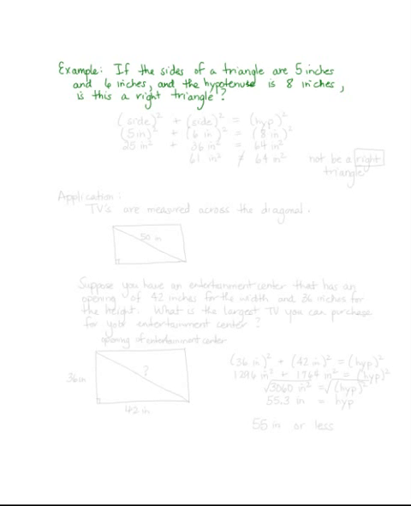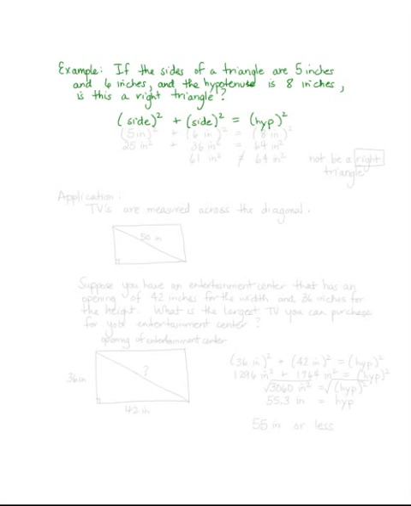Now, recall that the Pythagorean theorem only works for right triangles. So if we can substitute the numbers 5, 6, and 8 into the Pythagorean theorem and it holds true, then we could say, yes, this is a right triangle. If our equation comes out to be false, then we would have to say, no, these measurements would not make a right triangle. So let's give it a try.